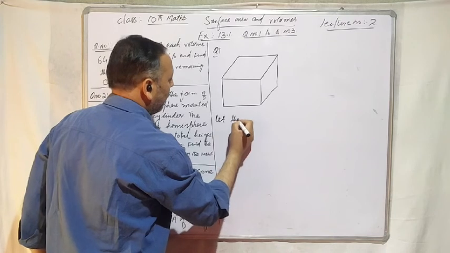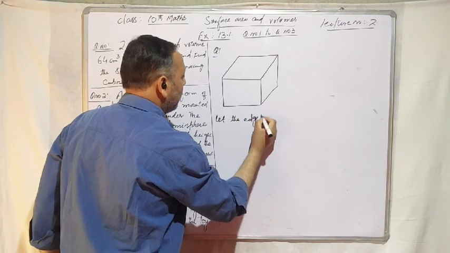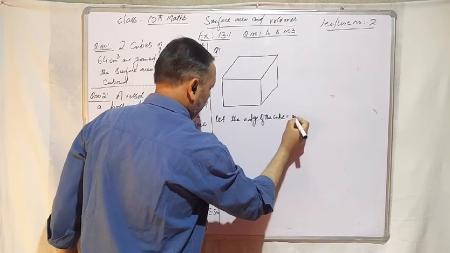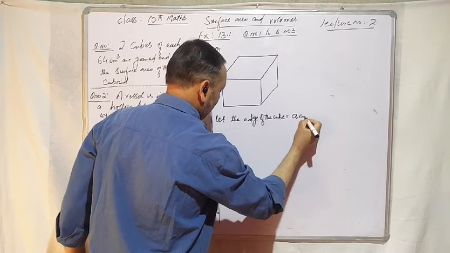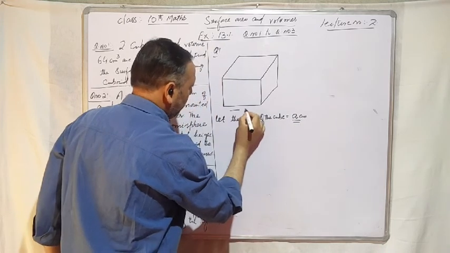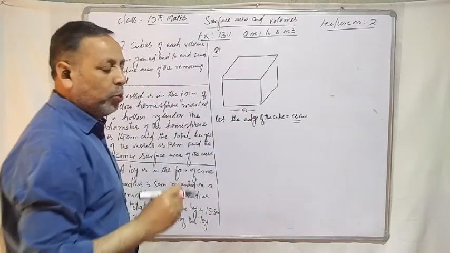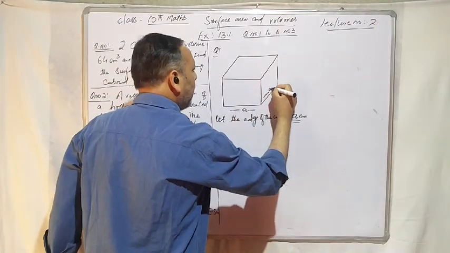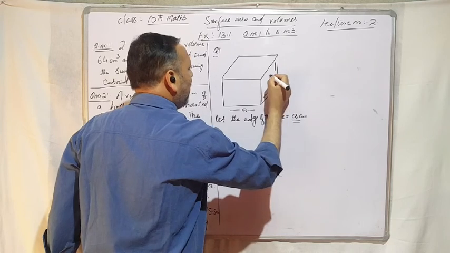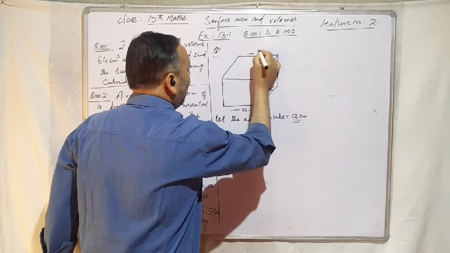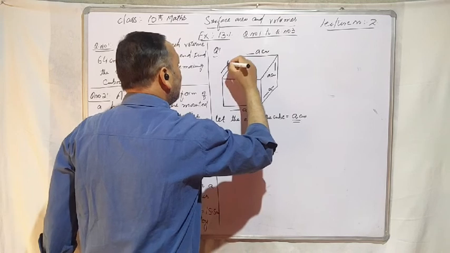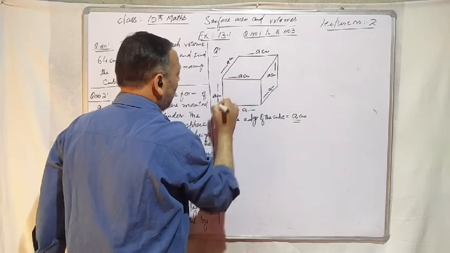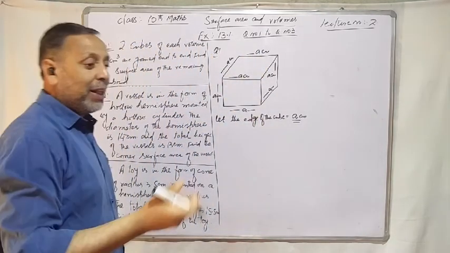Let the edge of the cube be a centimeter. Since it's a cube, its length, breadth and height will be the same. So its breadth will be a centimeter and its height will be a centimeter. That means every edge of this cube will be a centimeter.